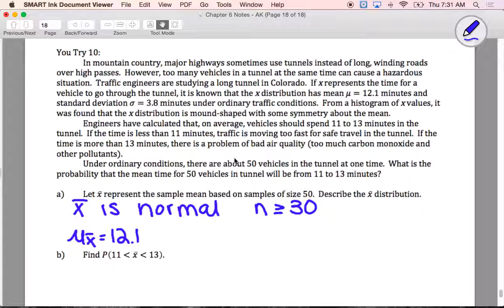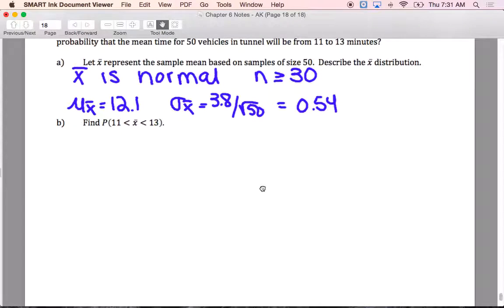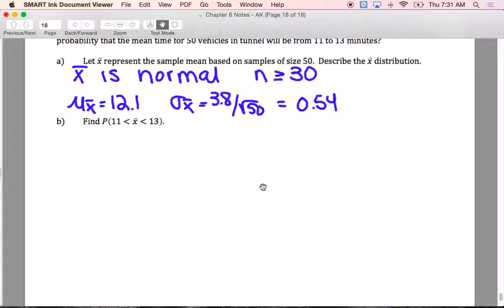But we do have to change our sigma. So we are taking 3.8 and dividing it by the square root of 50. Now we're going to use that information to find our probability between 11 and 13. So you've got to change to your z.